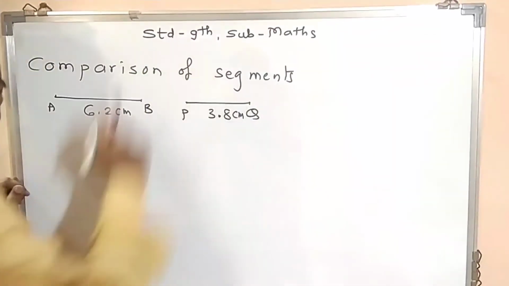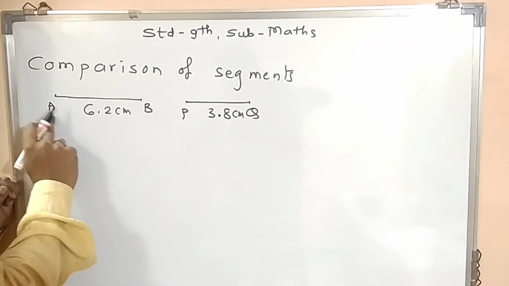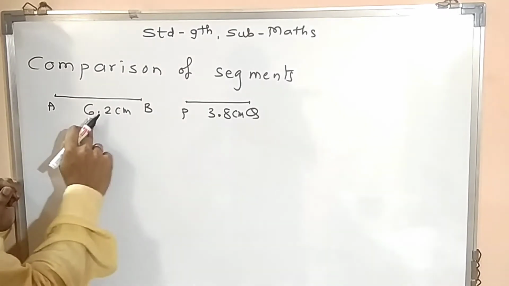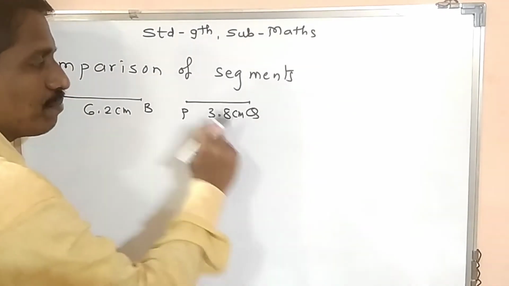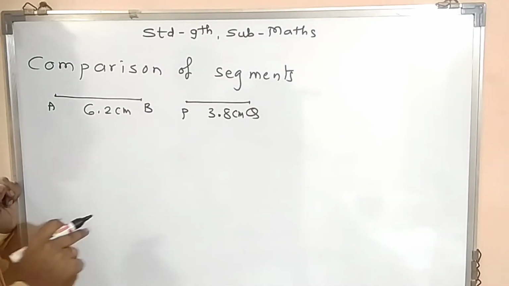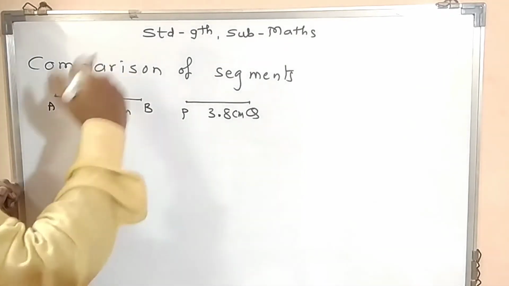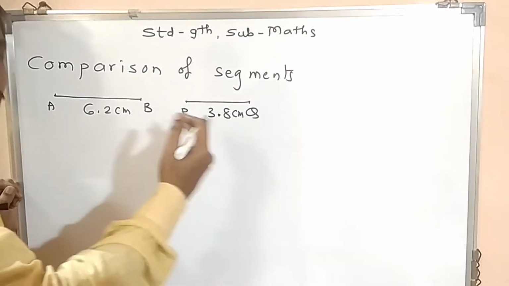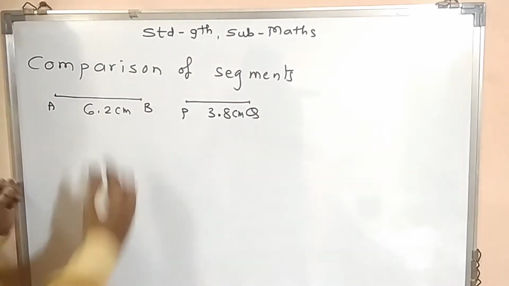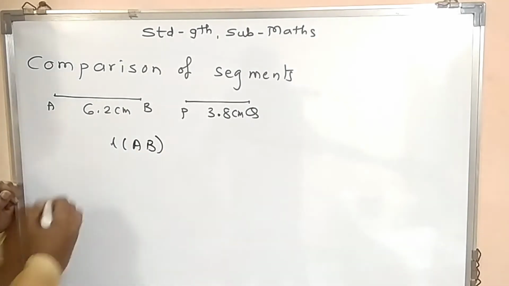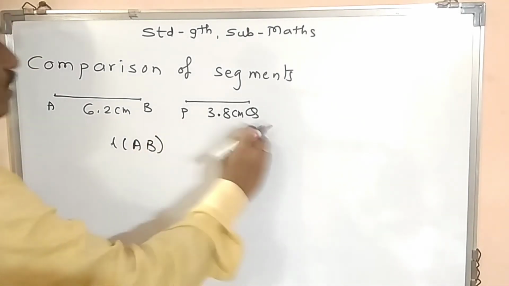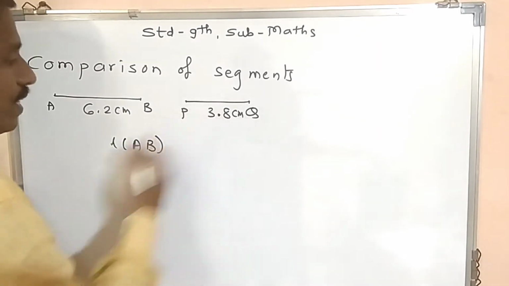Comparison of segments. Suppose this is segment AB whose length is 6.2 centimeter. This is segment PQ, length is 3.8 centimeter. Comparison of segments depends on their lengths. Here, length of AB is 6.2 and length of PQ is 3.8.